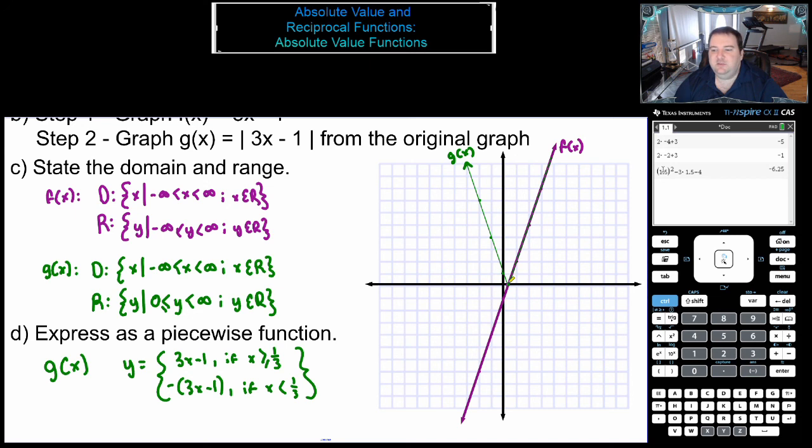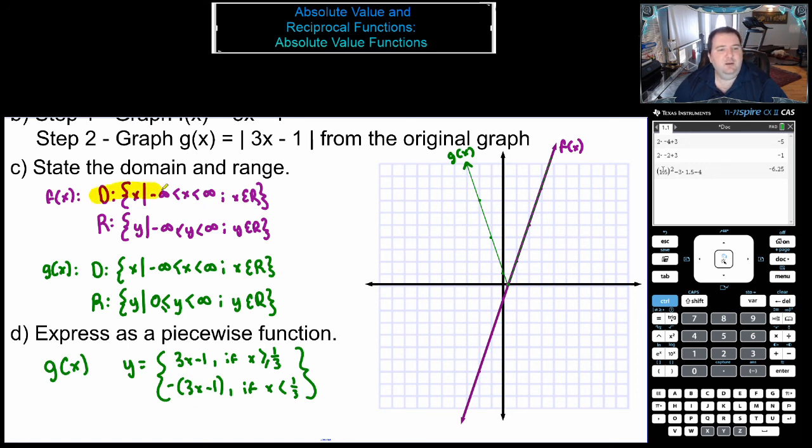And then when you take all of these negative y values over here and you turn them positive, you end up with your g of x function graph, which looks like a V highlighted there for you. And so there's your two functions, f of x and g of x. Hopefully yours look very similar to that.